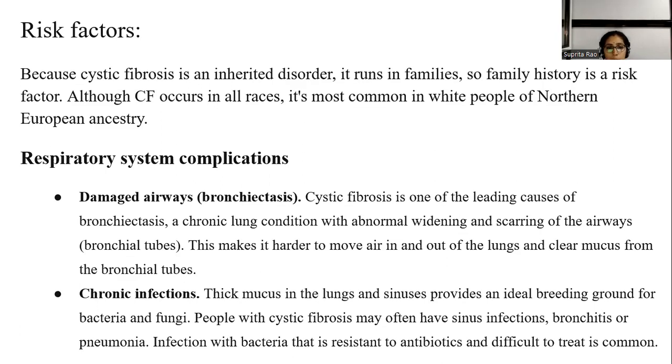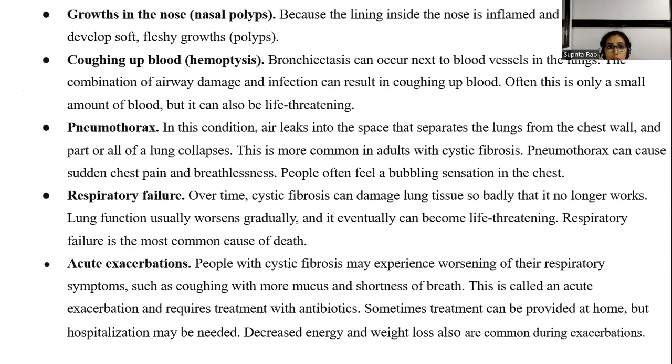So we have damaged airways, a lot of chronic, long-time infections, and small growths in the nose, which we call nasal polyps, which are soft and swollen, but if you touch or poke them, they are painful.